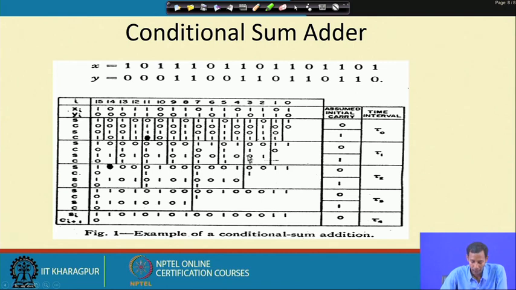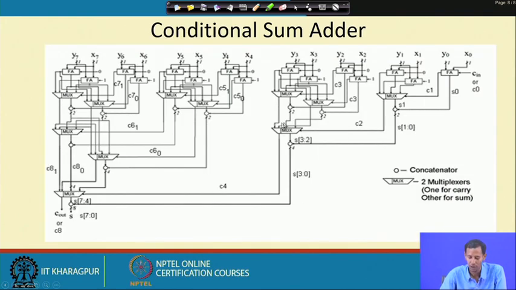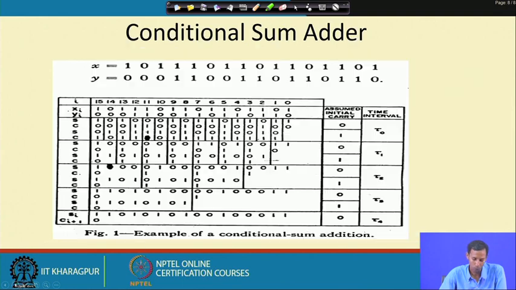Okay. Now again, among which set will I choose? It will choose this 0 1 or 0 1 based on this particular signal. So, what was my C 2? C 2 is coming from this particular point. So, C 2 is 0, that means it will select 0 and 1 over here.